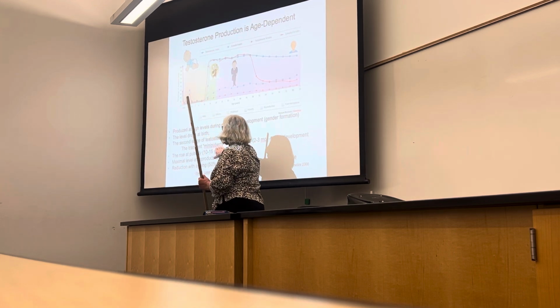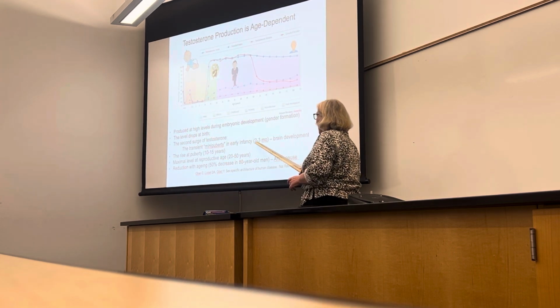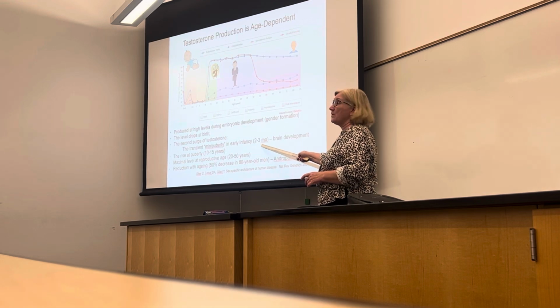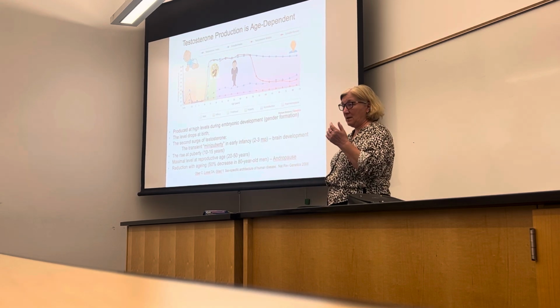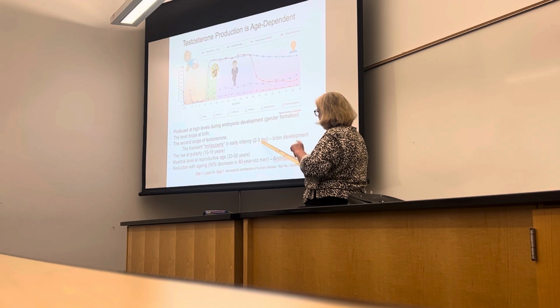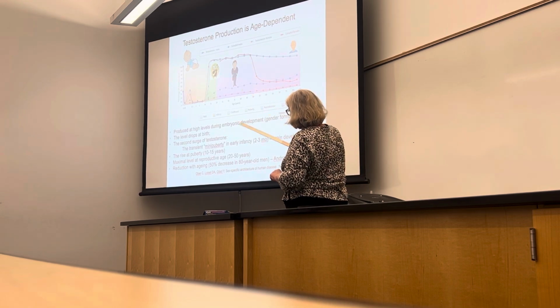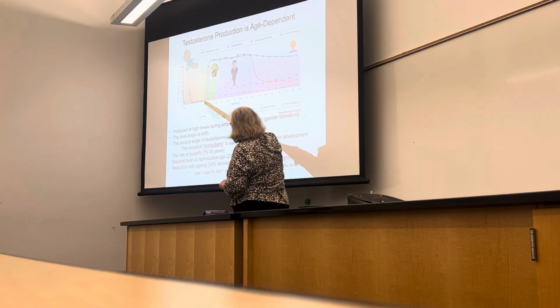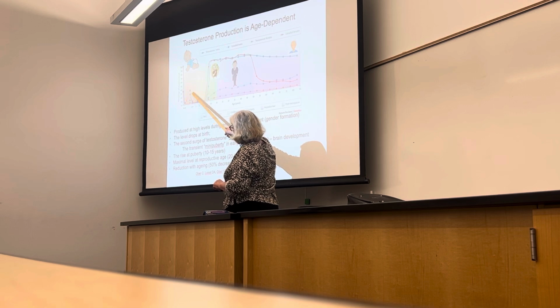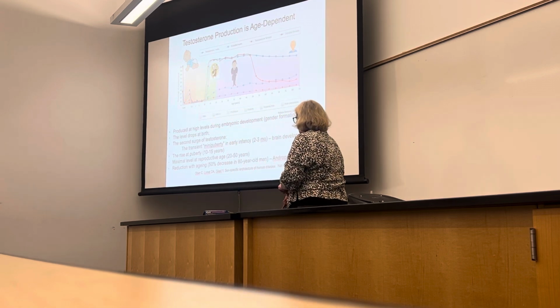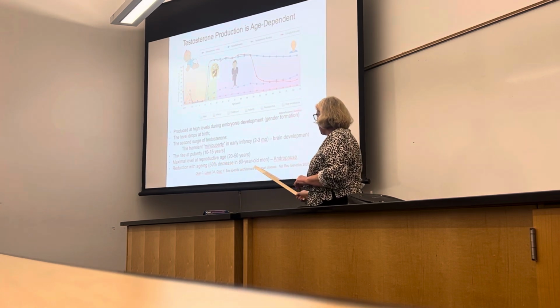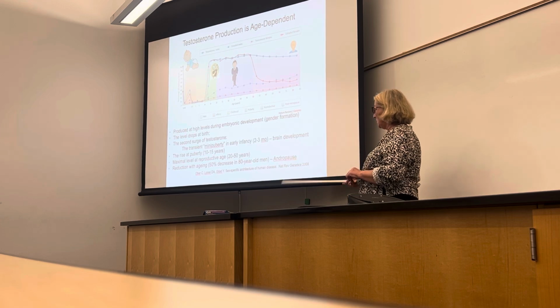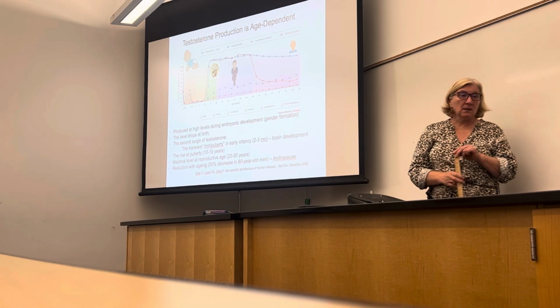Sometimes they call it mini puberty. Very important for brain development. So that's another little spike. Nothing like during the teenage years, of course, but significant. And then a slow reduction that we call andropause.